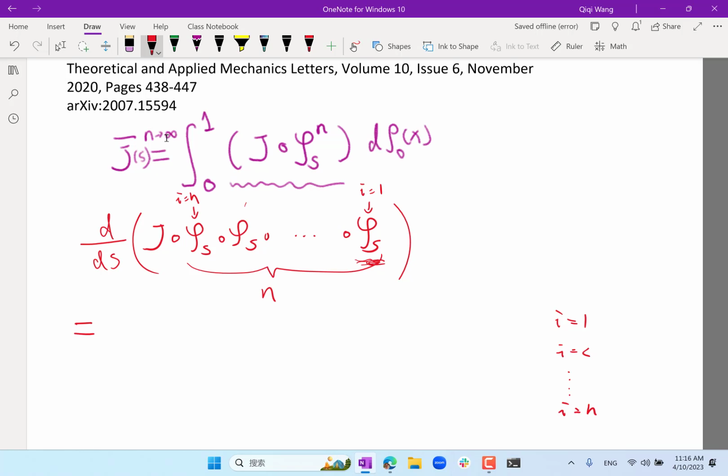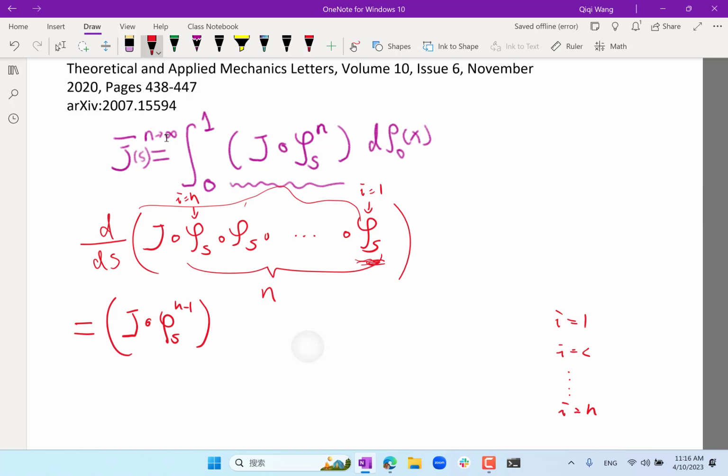The result is basically composing two functions. The result is d/ds of, let me just write it down. The first component is the derivative of J composed with phi_s, n minus 1 times. So this is the non-perturbed part.